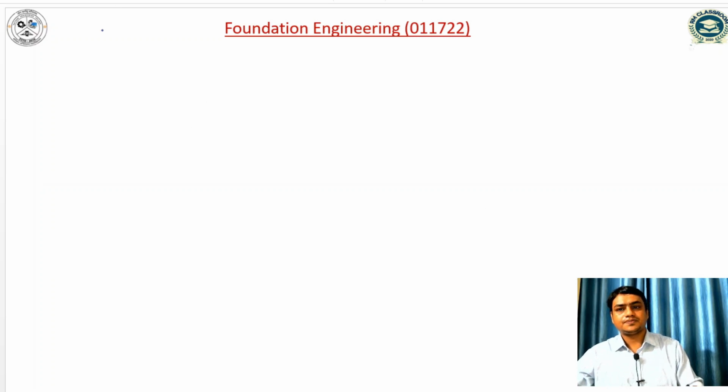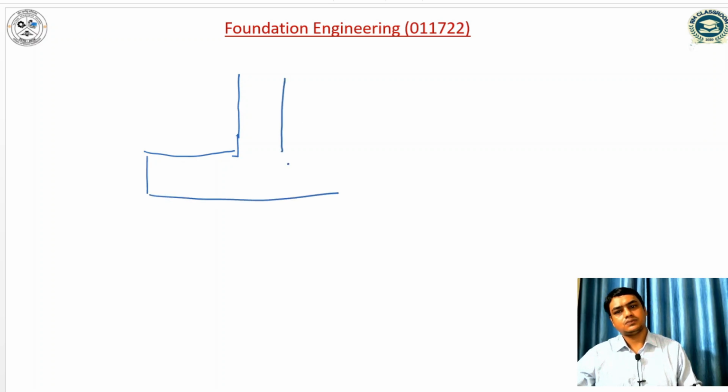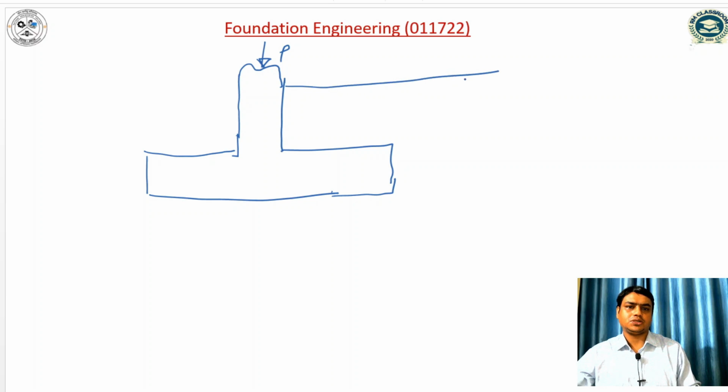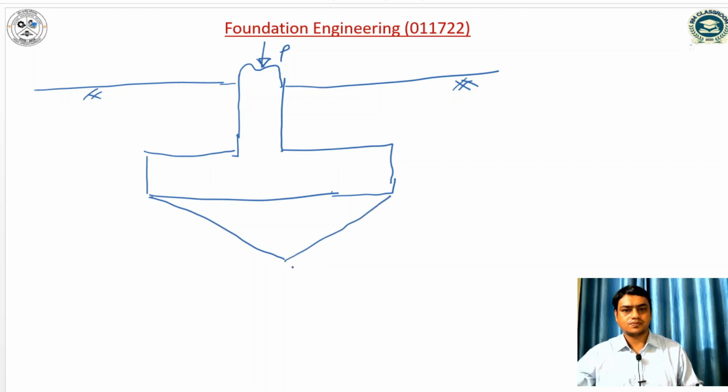So if I draw this, this is the footing, this is the load acting, this is our ground surface, this is the passive zone, and this is the log spiral nature.